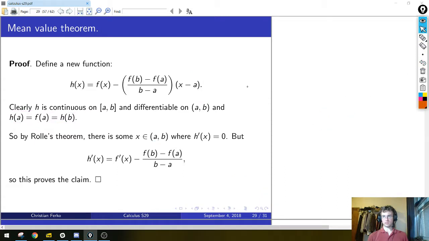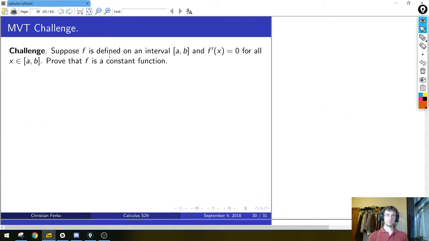All right, then a challenge for you, which I'll ask you to work through. This one might require some exploration or a couple steps, so feel free to say whatever comes to mind. The statement is that we're going to assume this function f is again defined on the closed interval a to b, and I tell you the derivative is 0 everywhere.